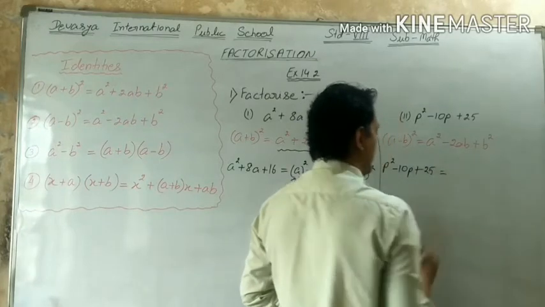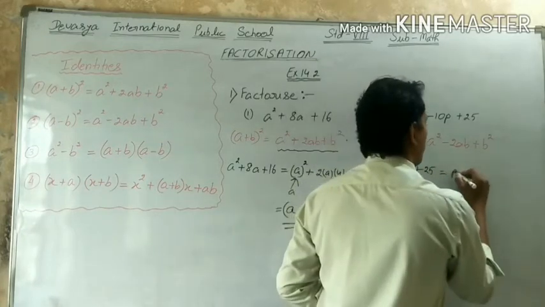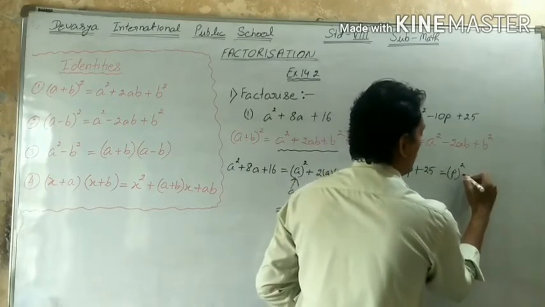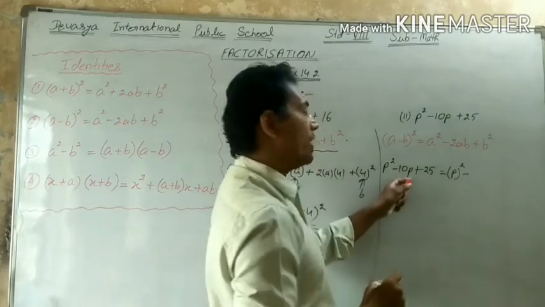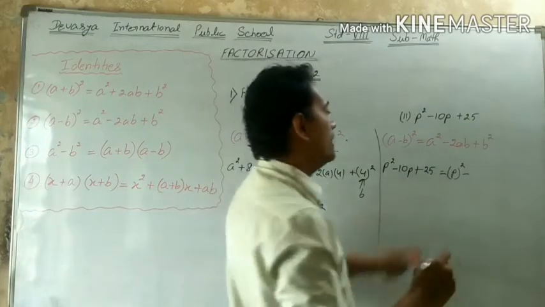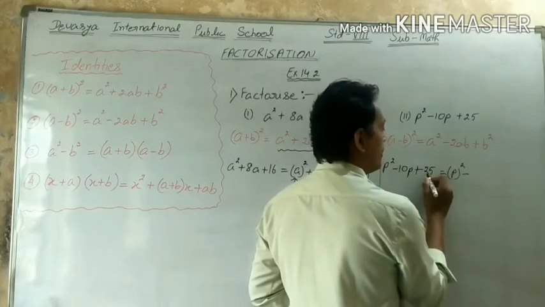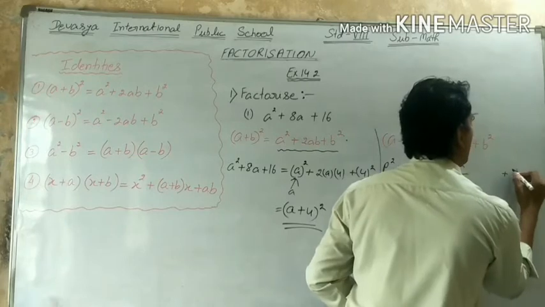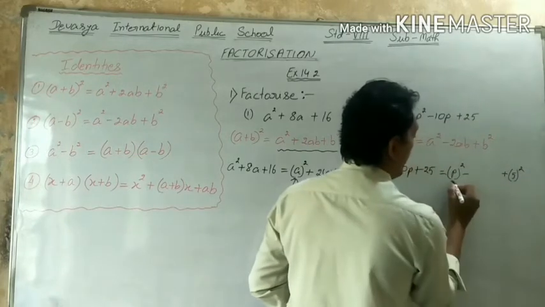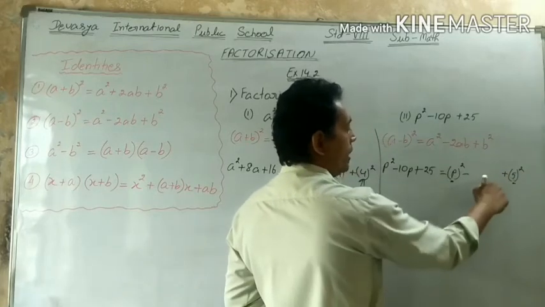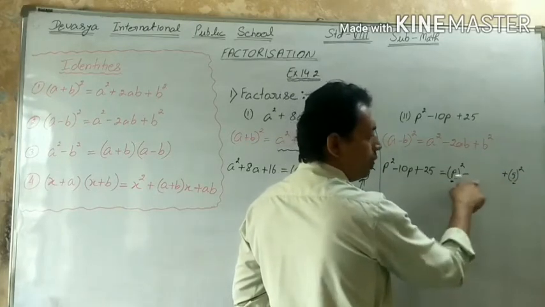This can be written with p square as p whole square. As I told you, the middle term is going to be the negative term. Now we are not writing the middle term. First we will write the last term because it will be easier for you. The last term is 25, which can be written as 5 square. So this is your a, this is your b, the quantity in the last term, and we can modify the middle term.